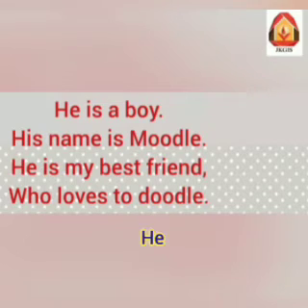Very good. He. In the first line, we have he, and he is used for Moodle, and it is used in the naming part. Then, which pronoun is used? Very good. His. Here, his is telling us about Moodle, and it is used in the telling part.